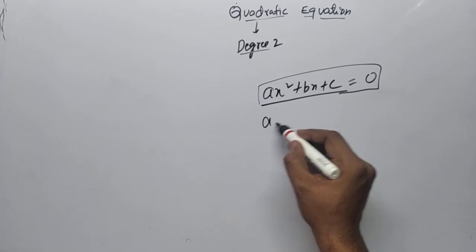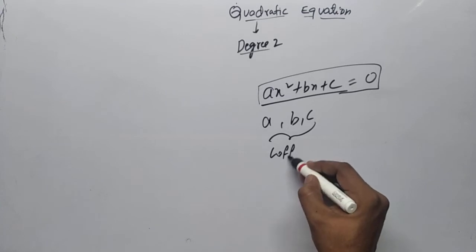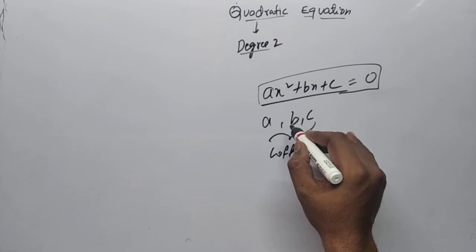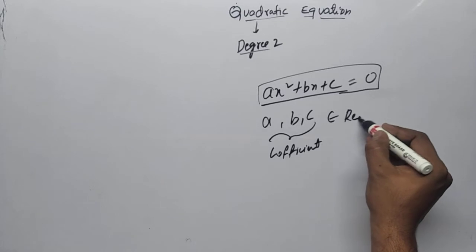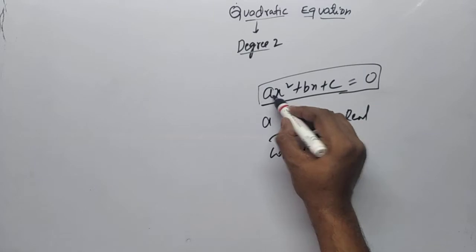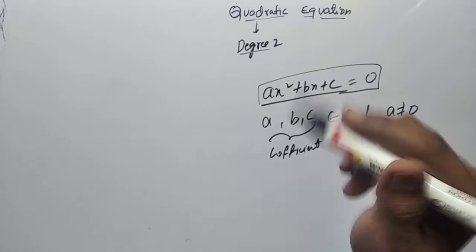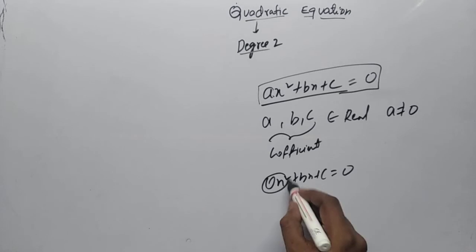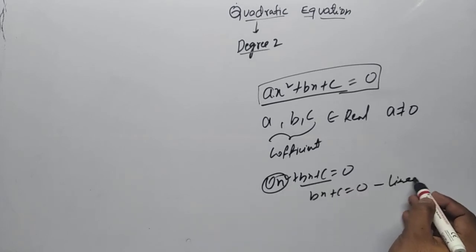So here these a, b, c, these three are known as coefficients. In this quadratic equation these a, b, c values should be real numbers. And the first coefficient a should not be equal to 0. Suppose here if the a value is 0, then this term will become 0, and this equation will not be a quadratic equation, it will be called a linear equation.